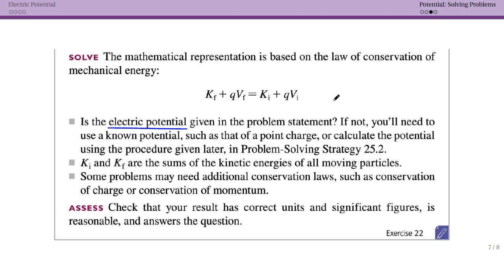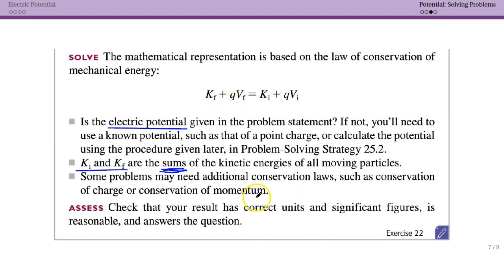Well, if it's a disk, that's how you figure out what these V's are. The next thing is that whenever you have kinetic energy, we're frequently going to have multiple moving objects. Maybe not, but make sure that you sum everything up. If you have 2 point charges that are both moving, both of their kinetic energies need to appear here. You can't just use the kinetic energy of one particle.